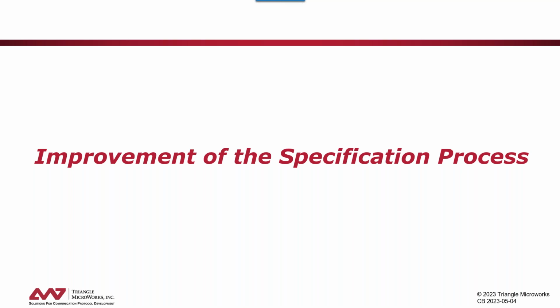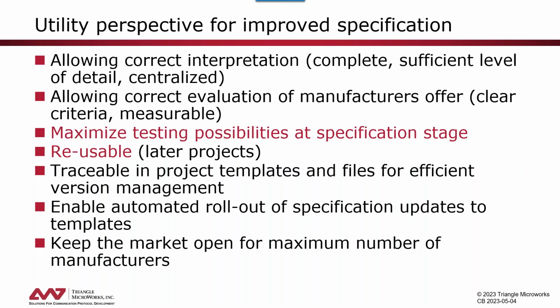This is mainly driven by utilities that have some very distinct perspective for an improved specification, with basically the overall goal to be able in the future to completely submit specifications for projects they want to realize in a machine processable way. So here we see a list of some of the ideas or desires that utilities want, and I will focus on the 2 highlighted ones, what we are currently doing with regard to those in the standard.